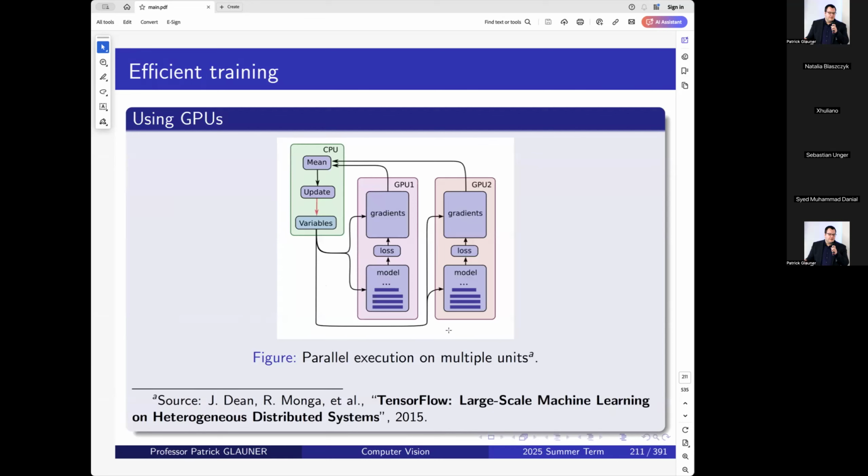This is a figure that appeared with the TensorFlow publication 10 years ago when TensorFlow came out. They showed, well, we needed GPUs to essentially just calculate these gradients, the partial derivatives, for lots of data, for very complex models. So we need automatic differentiation to calculate this for us. And we run this on a GPU, and we don't need to worry about writing code for the GPU.